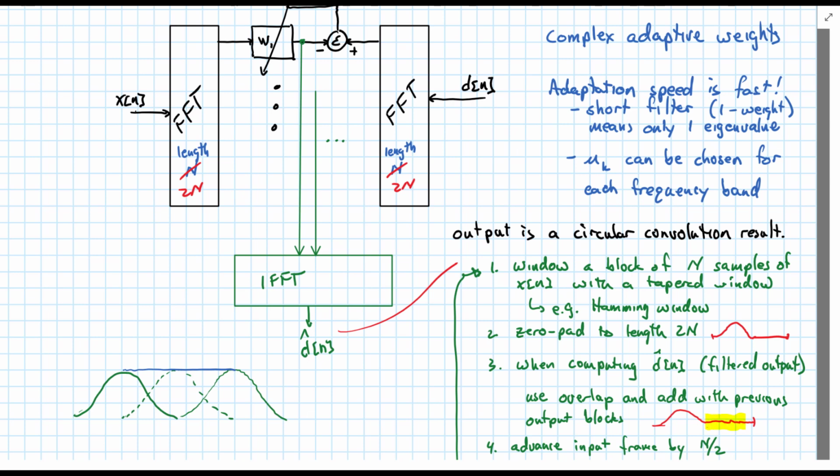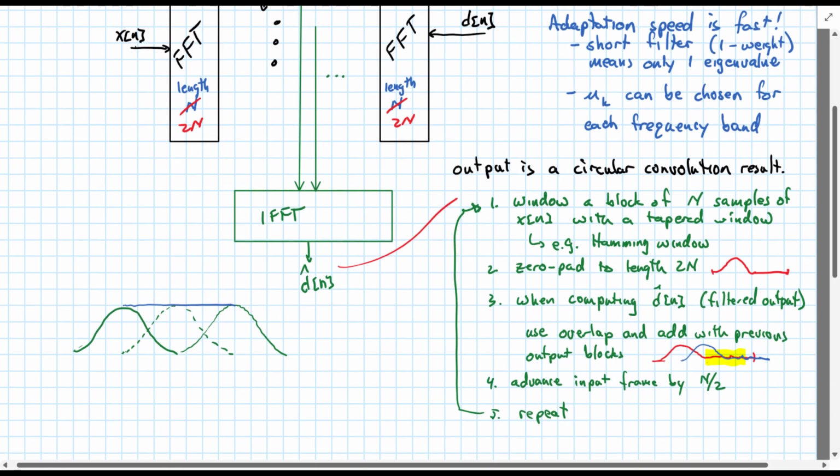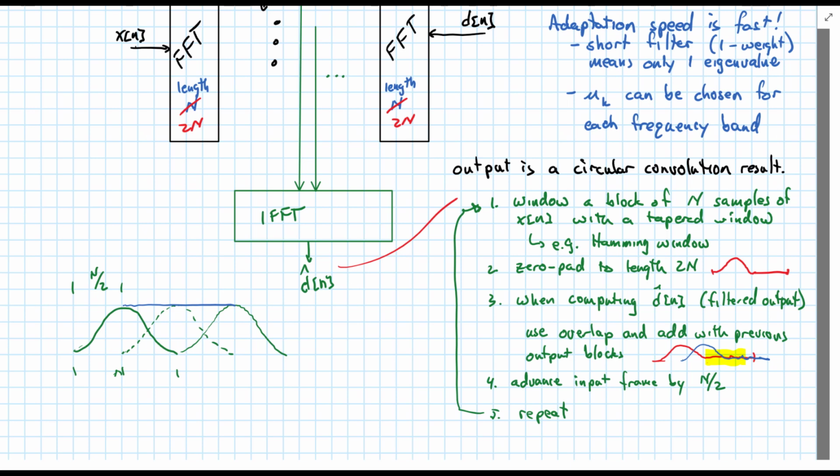So we're going to overlap it with our other blocks at each new time frame. And add, I didn't do that to scale and I apologize, so that when we're all done, we will effectively have a linear convolution output. And then finally, we'll advance the frame by n over 2. So if this is of length n, then our next frame, this dash frame in this example, is begun n over 2 samples later.